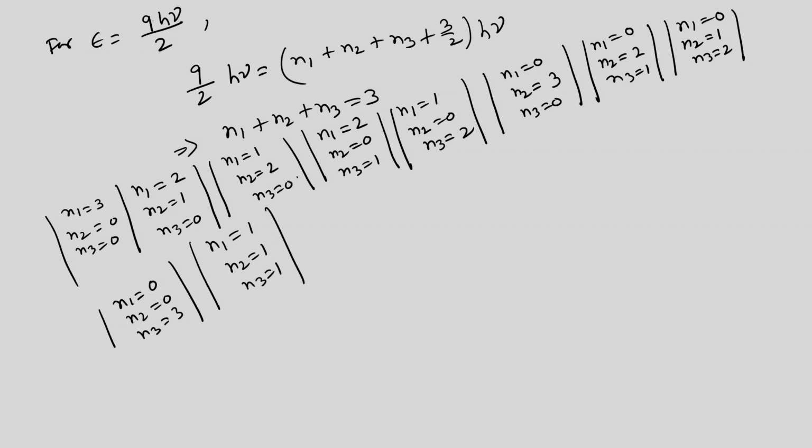So we have 3, 6, 10 possibilities. So we get G 9 h nu by 2 is 10.